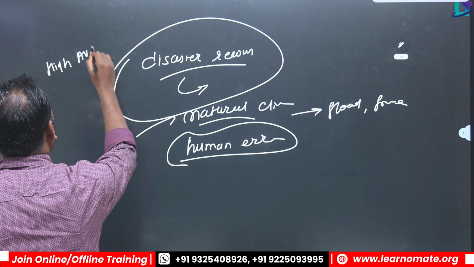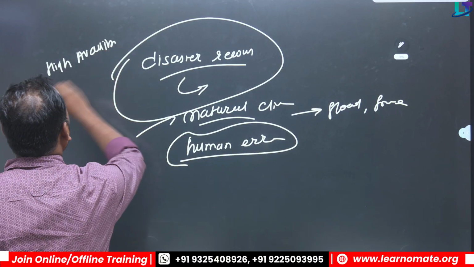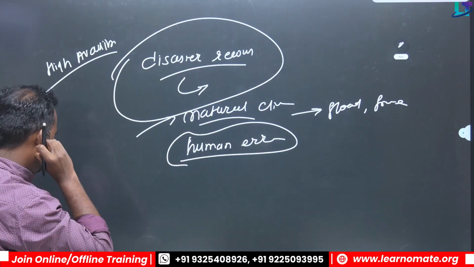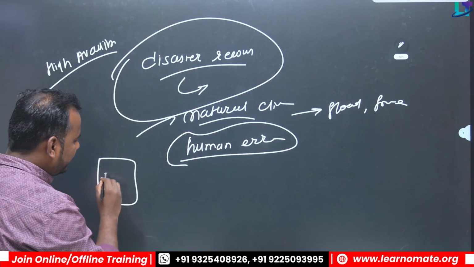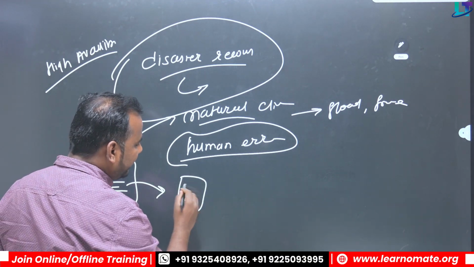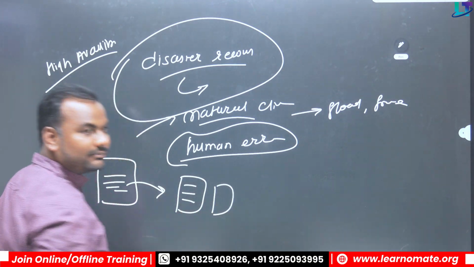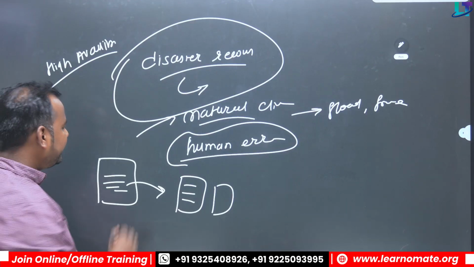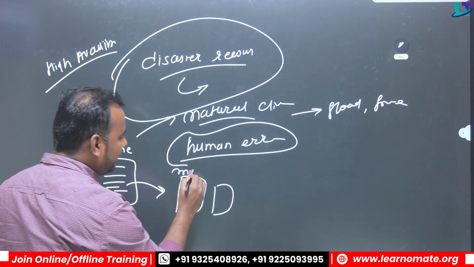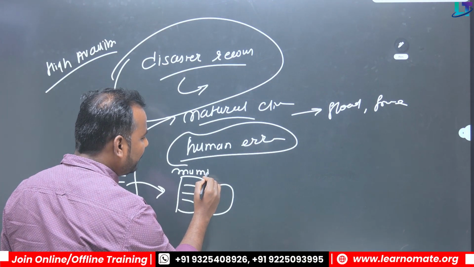High availability means what? I'll tell you one example. Normally, whenever I want to store a data, we don't store the data at one place, we keep a copy of that data in another place also, in a different data center. Let's say my current data is available in Pune location, but I have the high availability concept in Mumbai location also.